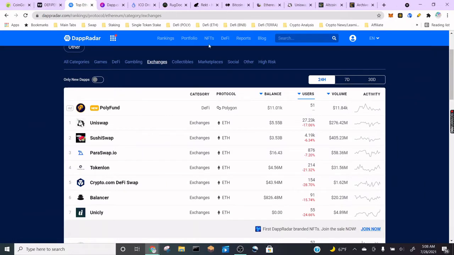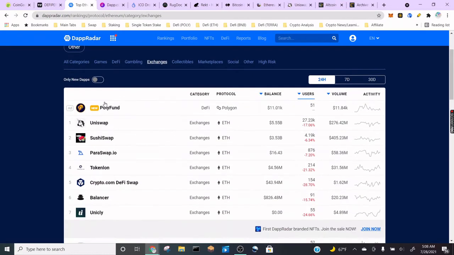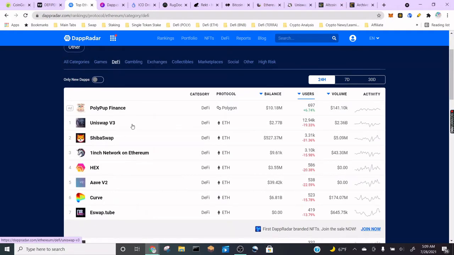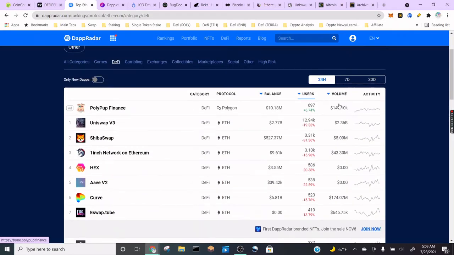These ones, the one I'm about to go over, are pretty much my favorite go-tos, like DappRadar. Man, these are so useful. It tells you a bunch of the different exchanges and the blockchains, the different networks. So if we're on ETH here, we can go to exchanges, gambling, DeFi. I like DeFi, so I check over here to see what's new in the DeFi area. Plus, it shows the volume, which is really important.